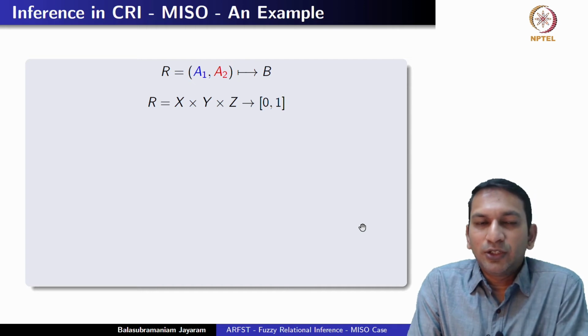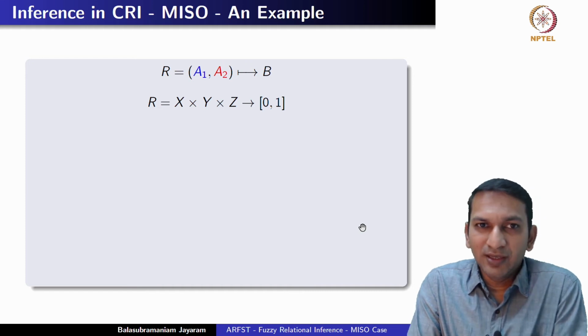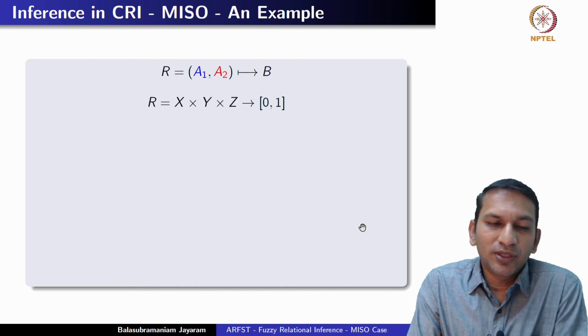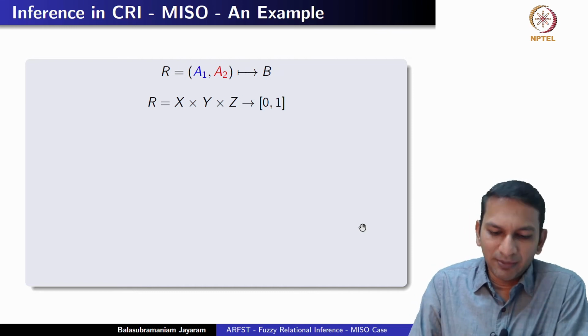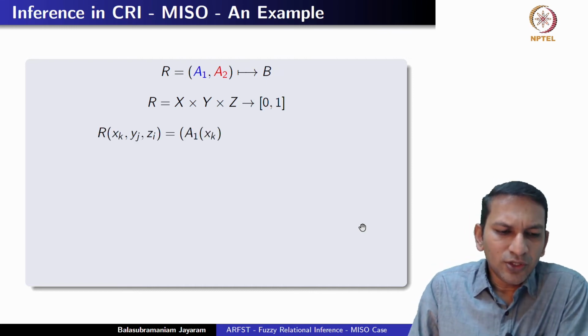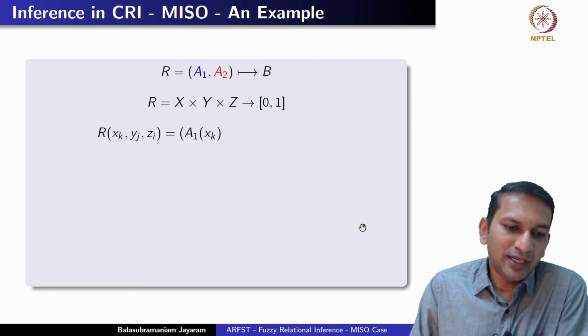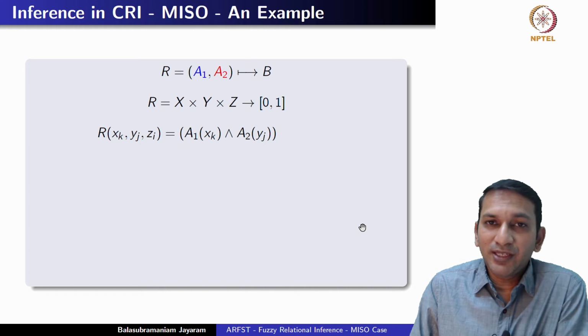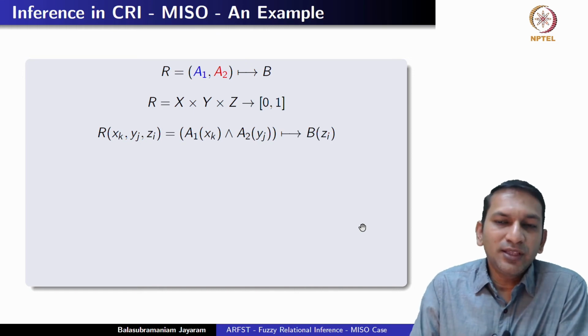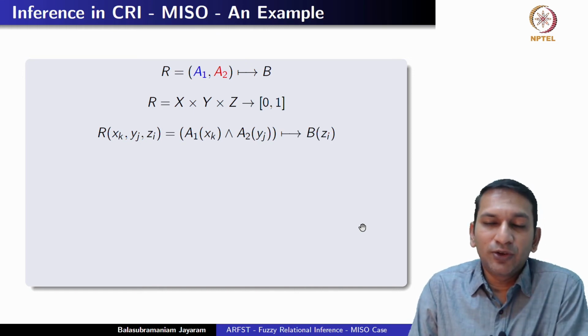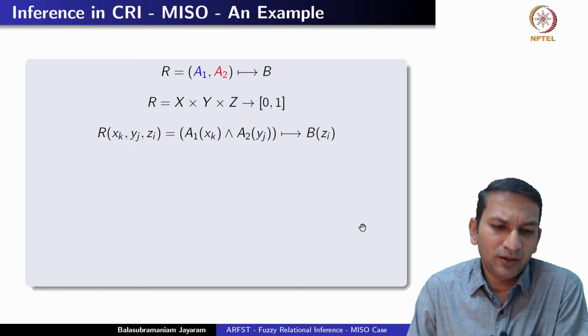There are two antecedents and a consequent, coming from x1 cross x2 cross y, 3 dimensions. And so the relation R is over these 3 dimensions. So if you look at R of xk, yj, zi, you want to build this from the membership value of xk in A1 and the membership value of yj in A2, and using the F operation, the membership value of zi in B.